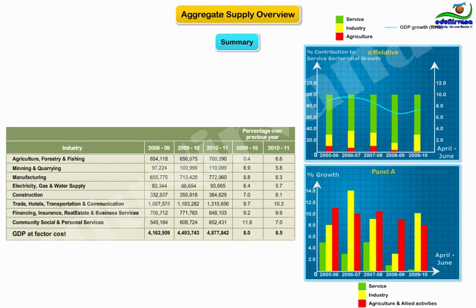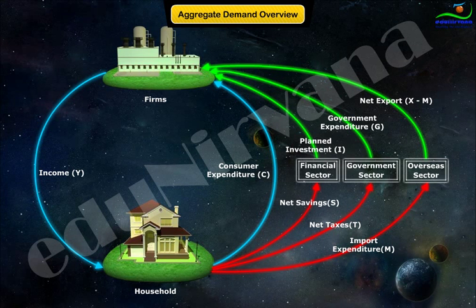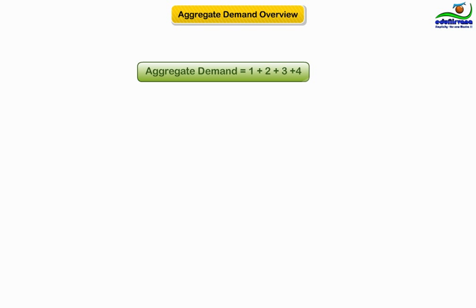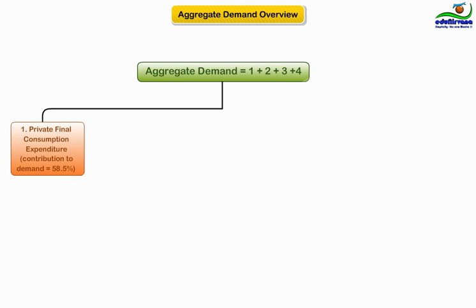Till now, we have learned that aggregate demand in an economy is a summation of consumption, investment, government expenditure, and net exports. Let's have a look at the Indian economy aggregate demand equation to find the practical application of the concept that we have learned. In the Indian economy, aggregate demand consists of private final consumption expenditure.